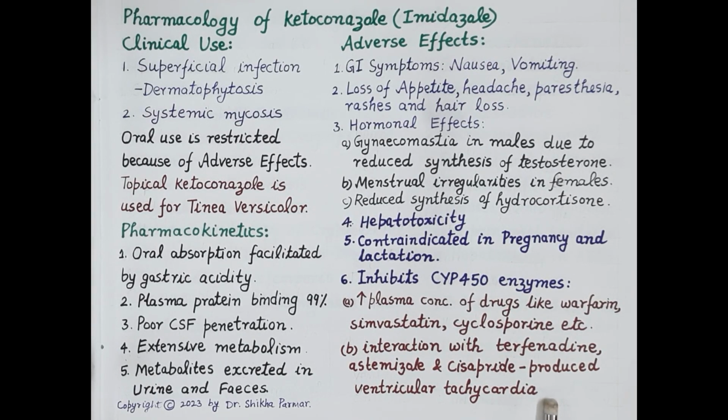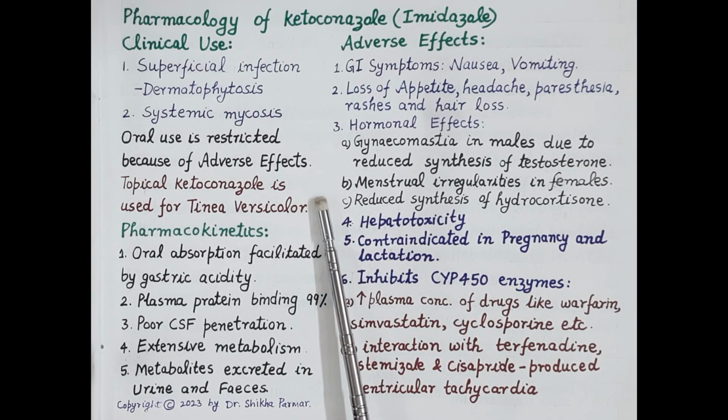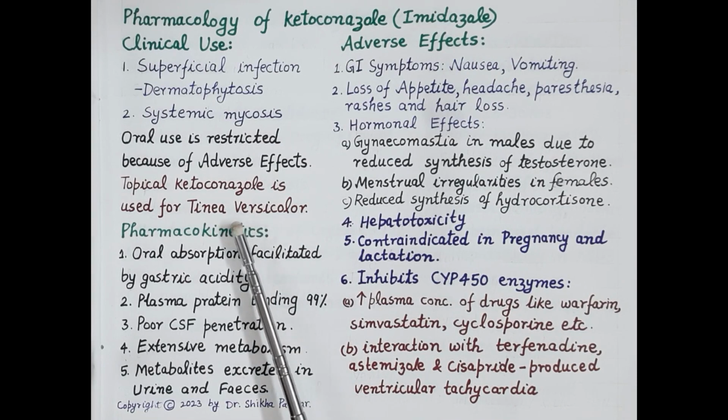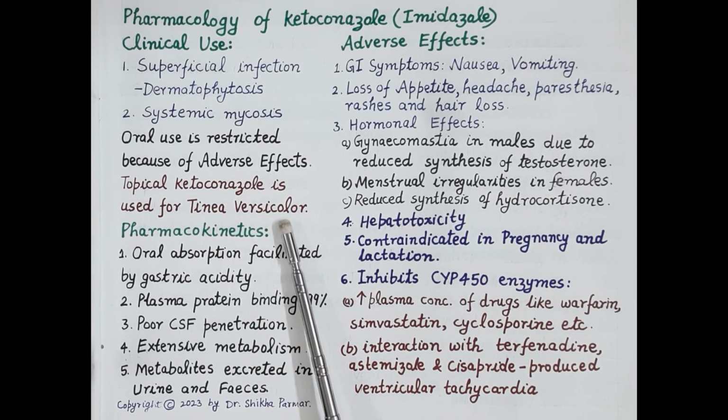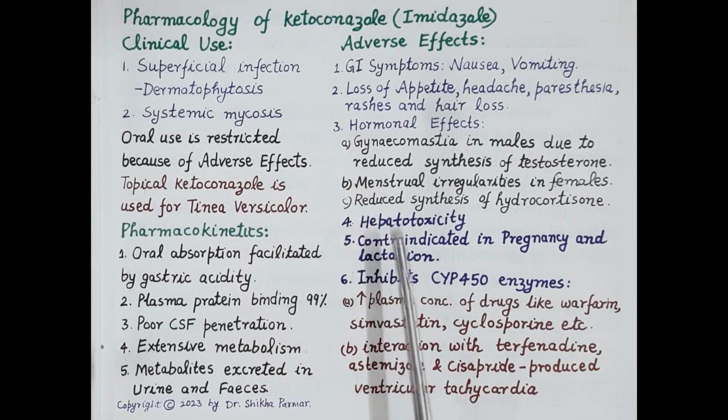So, even though ketoconazole can be used both orally as well as topically, primarily it is used topically for the treatment of tinea versicolor, and oral use of ketoconazole is restricted because of its adverse effect profile.